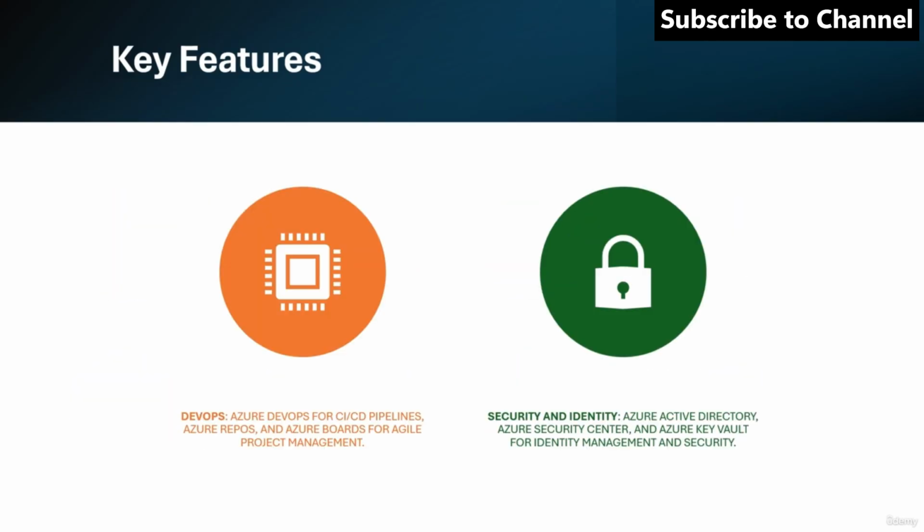DevOps, Azure DevOps for continuous integration and continuous delivery pipelines, Azure Repos, and Azure Boards for agile project management. And security and identity, Azure Active Directory, Azure Security Center, Azure Key Vault for identity management and security. So these are some of the main services which Azure provides.